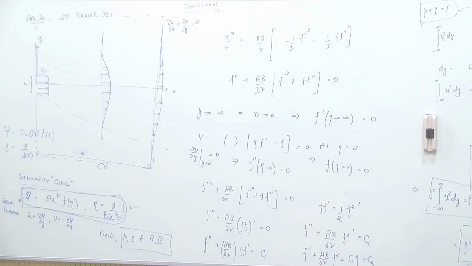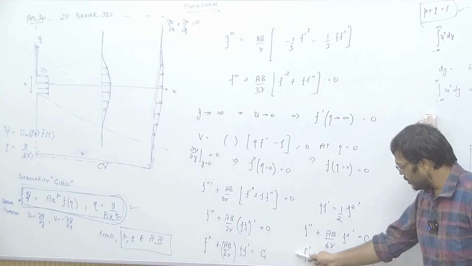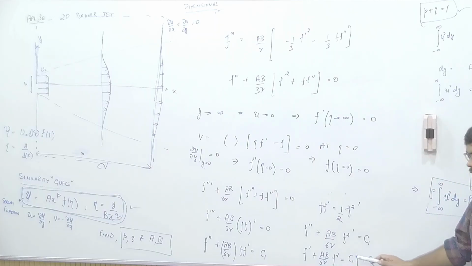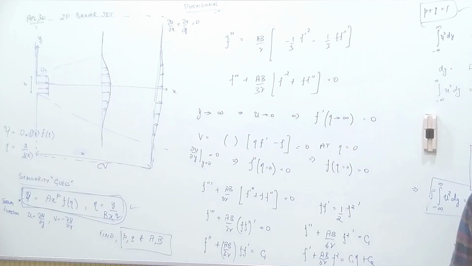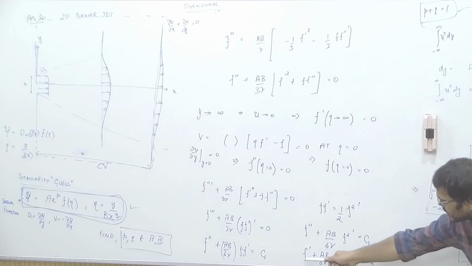How do we proceed from here? Can we solve this? One thing is clear, that for this equation to be valid for eta tends to infinity, your C1 will have to be 0, because if your C1 is not 0, all of these things are functions of f.